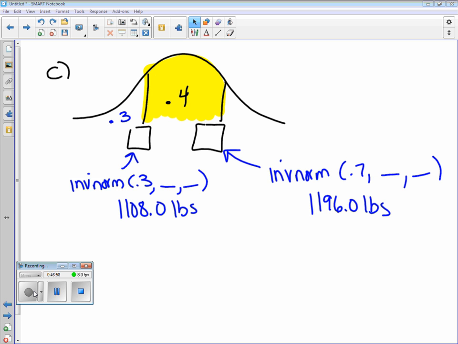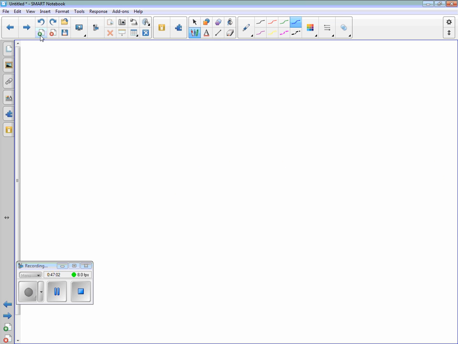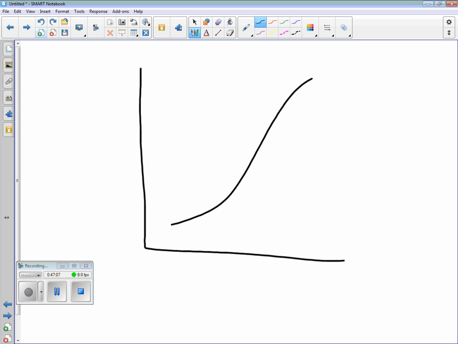It is a cumulative frequency plot. Here is an example of what one might look like. This is a cumulative frequency. Sometimes they are written as percents, sometimes as just a number.